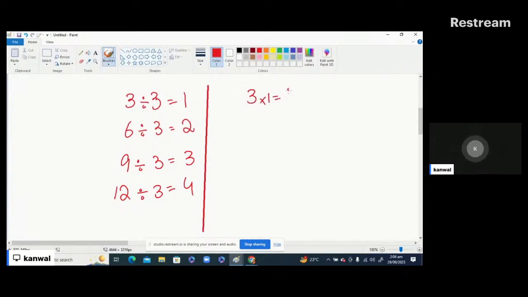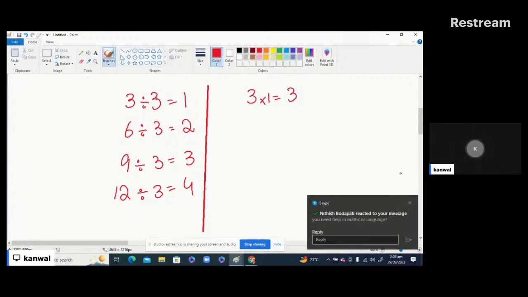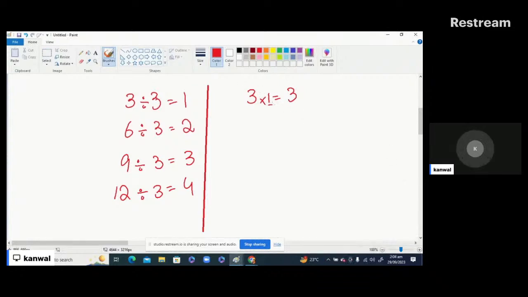3 times 1 is 3. Then we put that thing outside of this. So 3 times 2 is 6. 3 times 3 is 9. Then 3 times 4 is 12.